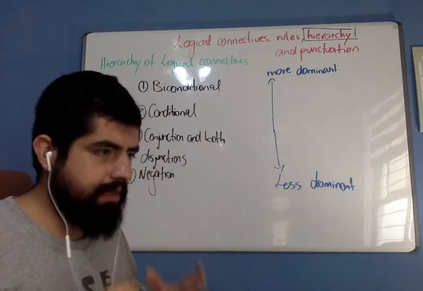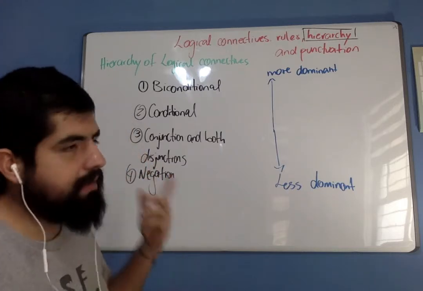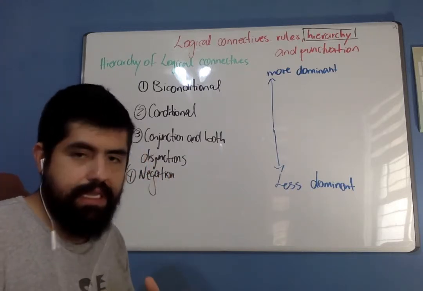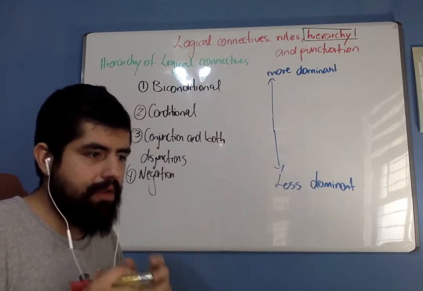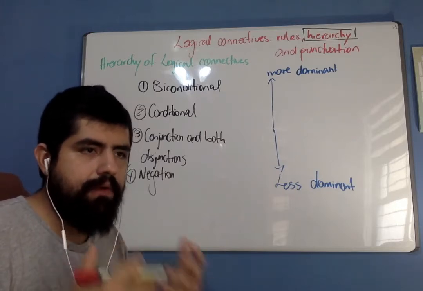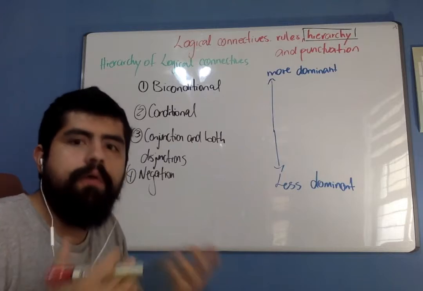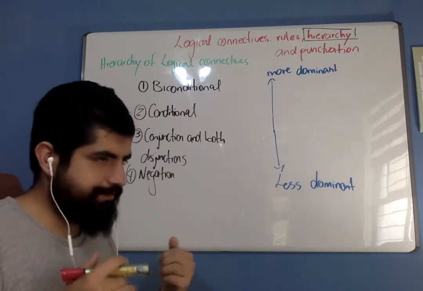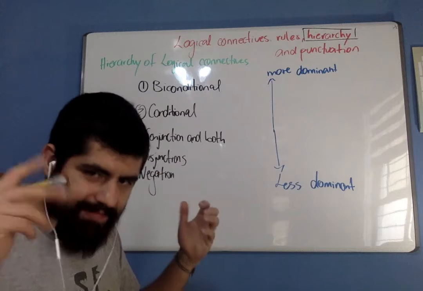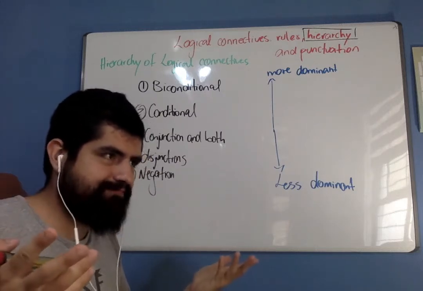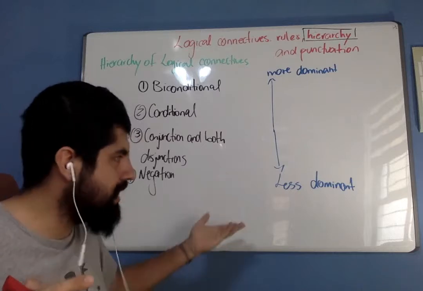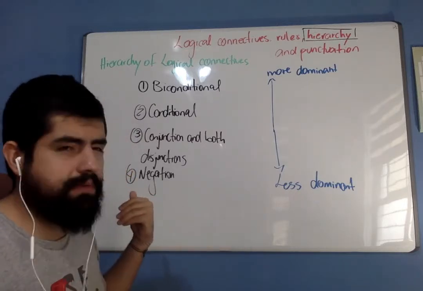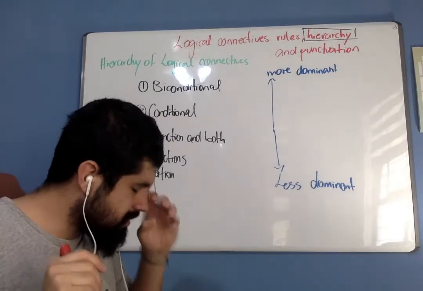The first point is the consideration of the hierarchy of the logical connectives. When I say hierarchy, I'm saying priority, okay? We have more dominant logical connectives and less dominant logical connectives, okay? Now, this is something really important.